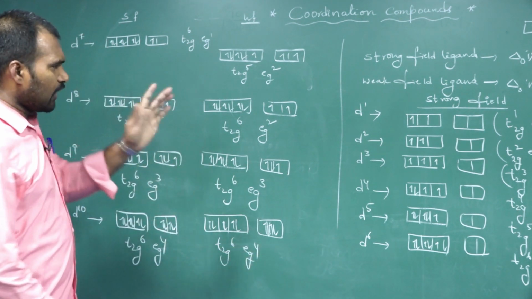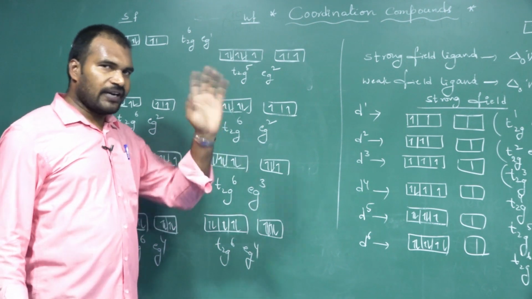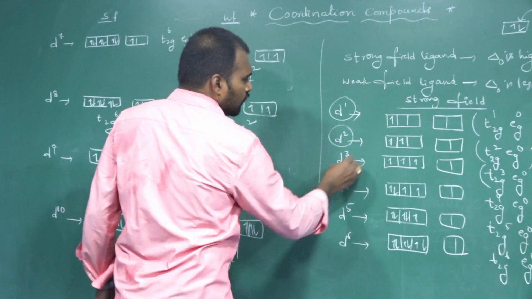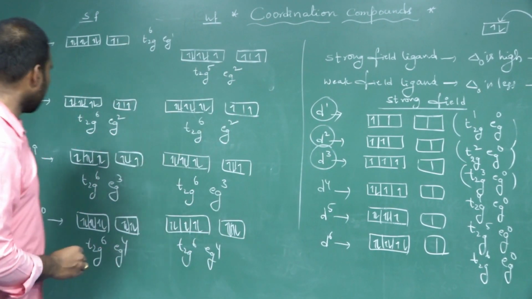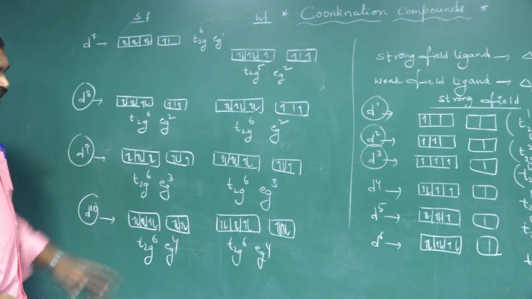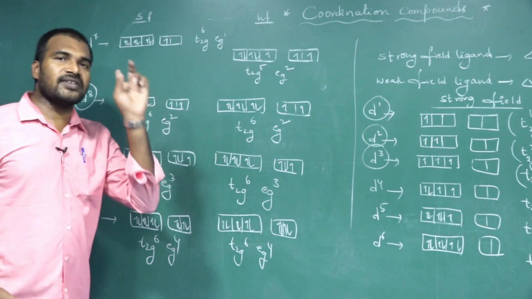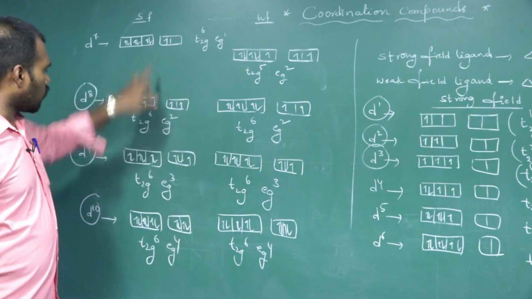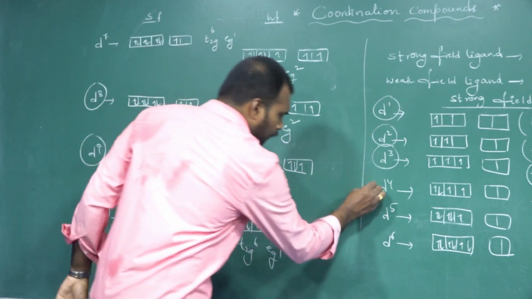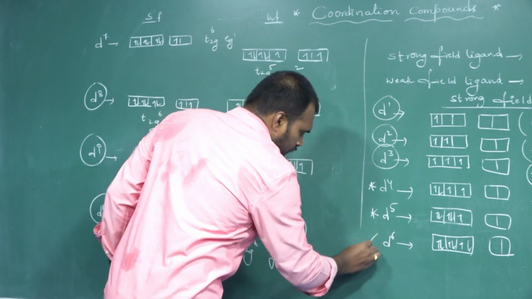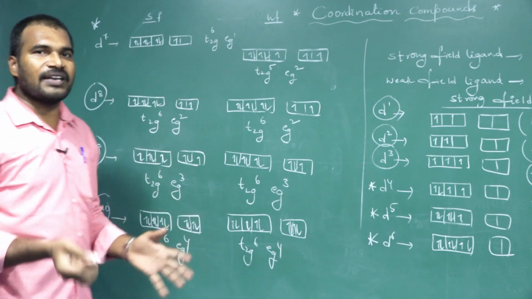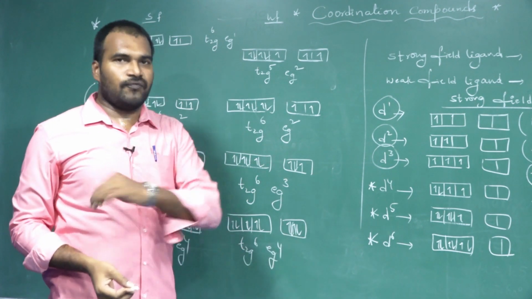So if you compare the electronic configurations in strong field and weak field, in the case of d1, d2, d3, and d8, d9, d10, these six configurations remain the same in both strong field and weak field. Whereas d4, d5, d6 and d7 vary from strong field to weak field.